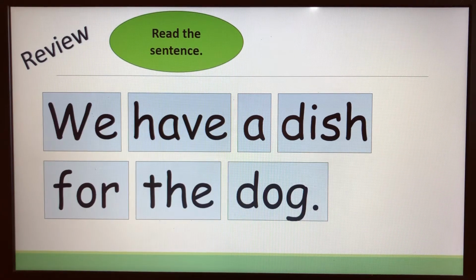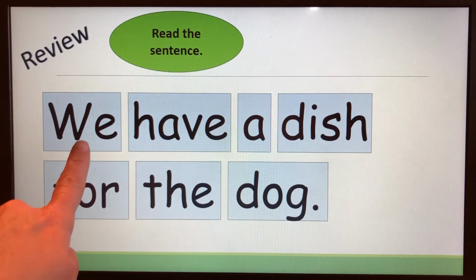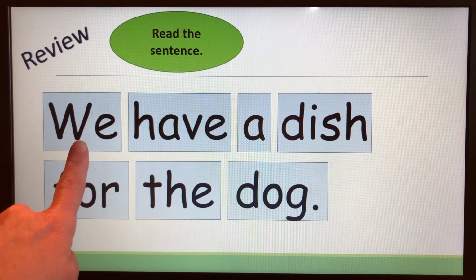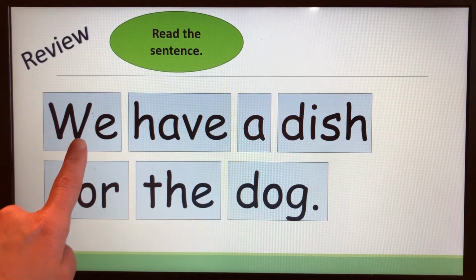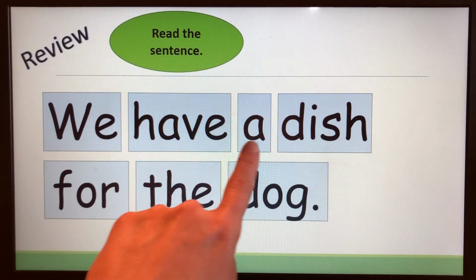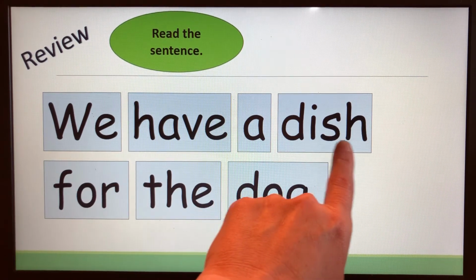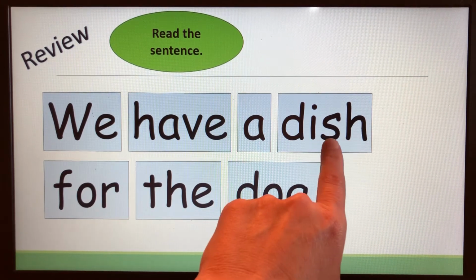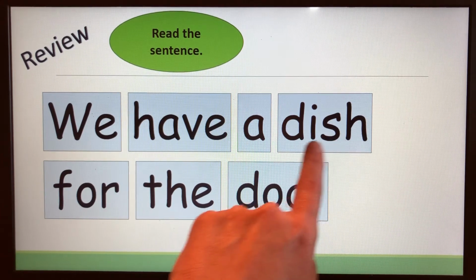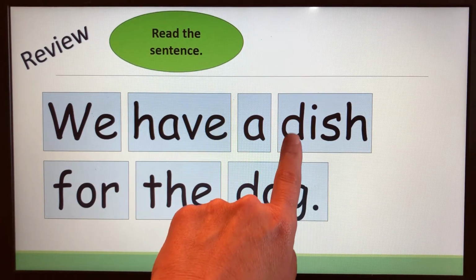Good reading. Here's another sentence for us to read together. Do you remember this sight word? We, you're right. We have, here's another skill we just learned, that SH makes the sound sh. So let's sound out this word together.